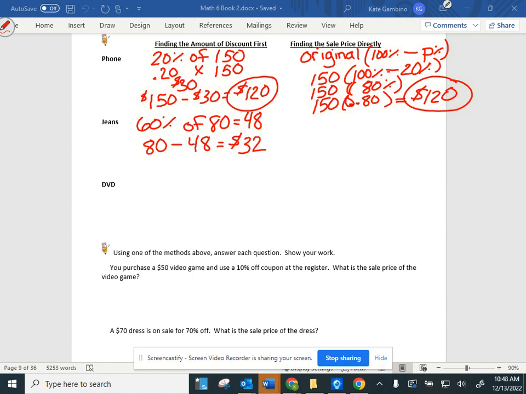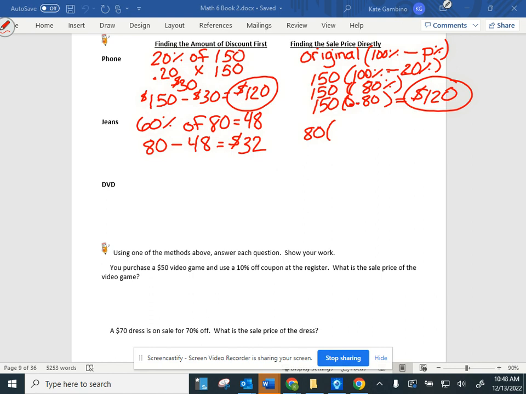Yep. Now let's see if we get the same price by finding the sale price directly. I'm going to take that original amount of 80 and I'm going to times it by what percentage? If it's 60% of 80 is our sale, what percent do I multiply it by? Remember, we want to do 100% minus your discount.